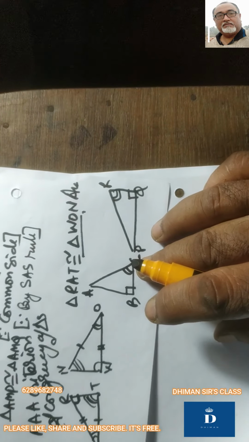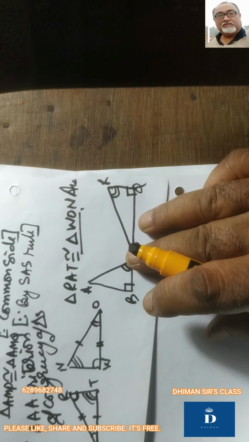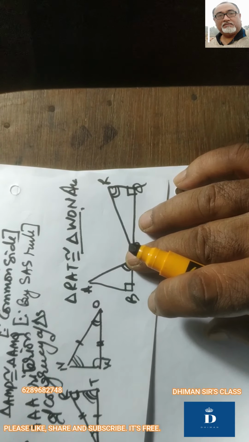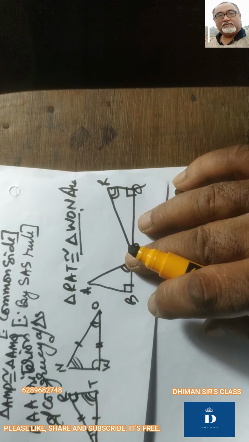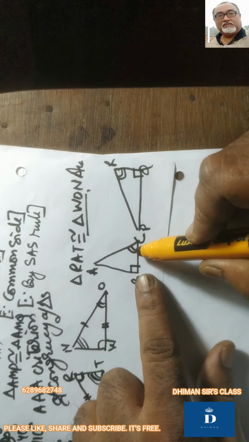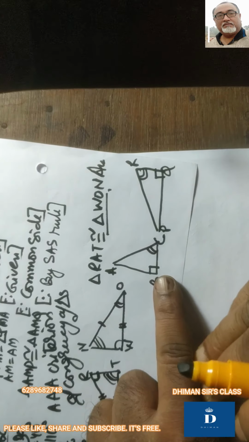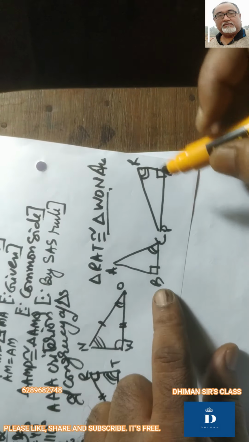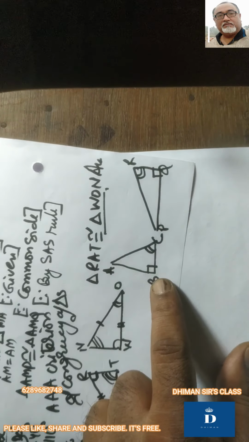Now, what criterion would you use if triangle ABC and PQR are two congruent triangles? One additional pair of corresponding parts. What should be the third criterion in order to make triangle ABC congruent to triangle PQR? Two corresponding parts are given.